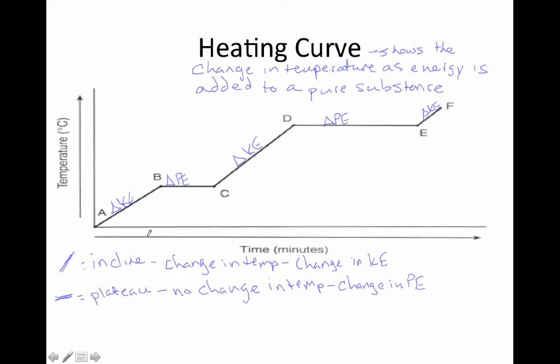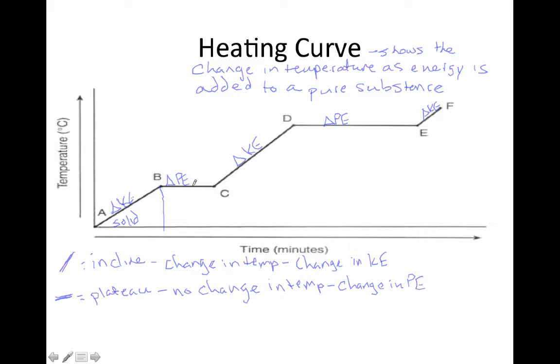Now, some other interesting and unique things happen that are associated with these inclines and plateaus. If you were to take this substance and watch it as you're heating it and measure the temperature, when you start out, you'd start out with a solid. So here we would have a solid. As you add energy, it's eventually going to melt. Once you start seeing liquid appear, that's when this temperature stops changing.